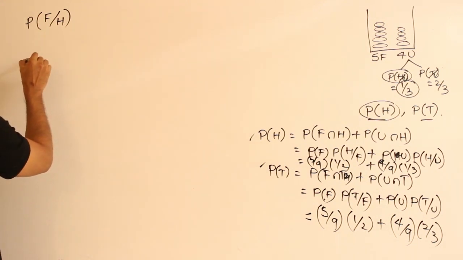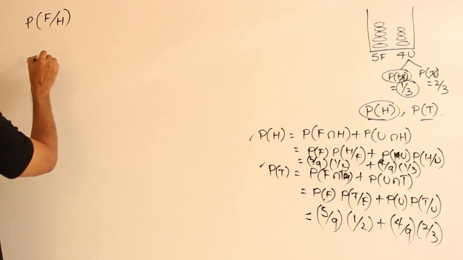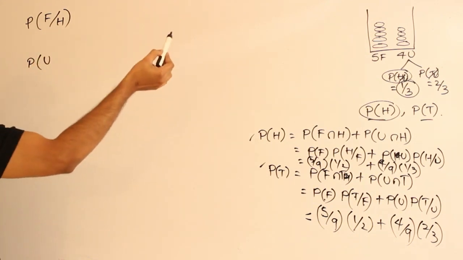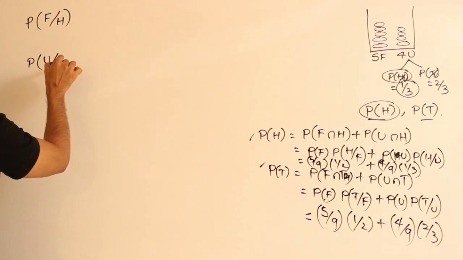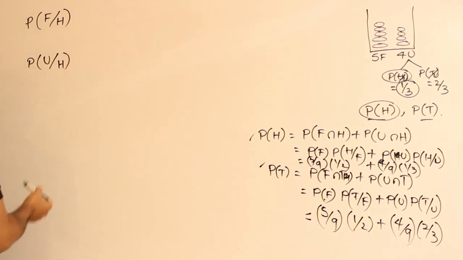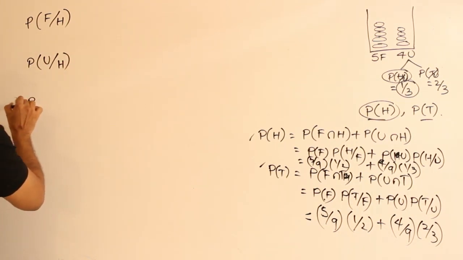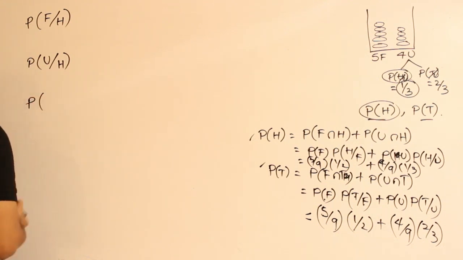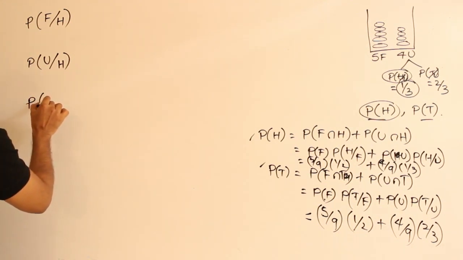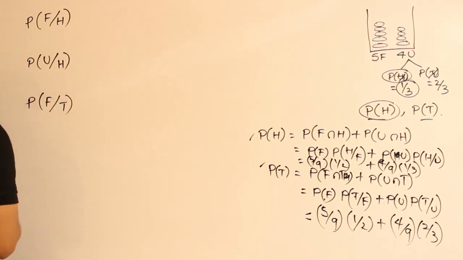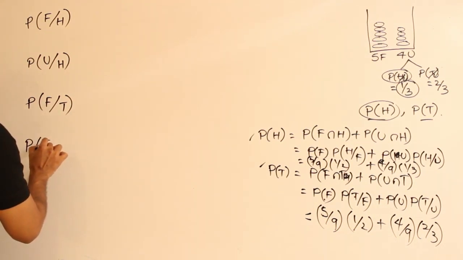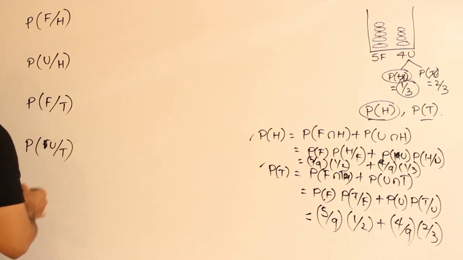Similarly, what is the probability that the coin drawn happens to be an unfair coin, given that we got a head? Similarly, what is the probability that the coin which we have drawn happened to be a fair coin, given that we got a tail? Similarly, what is the probability that the coin happened to be unfair, given that we got a tail?